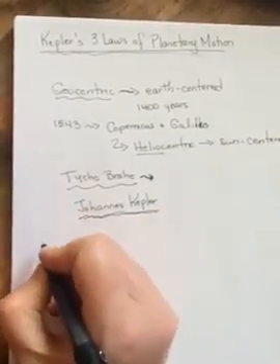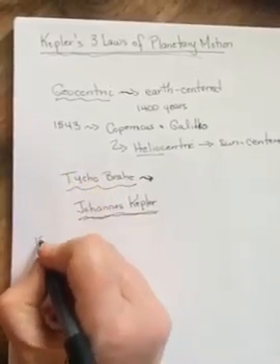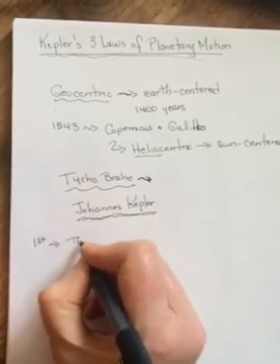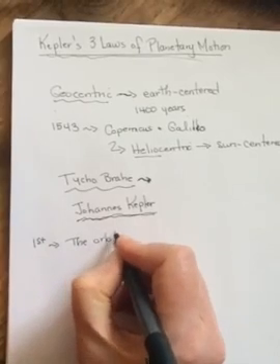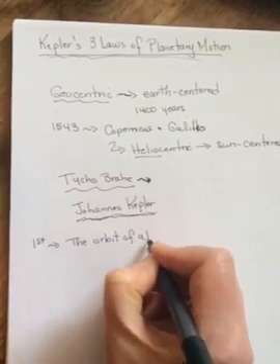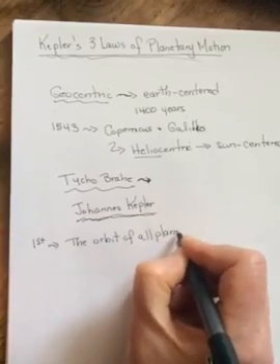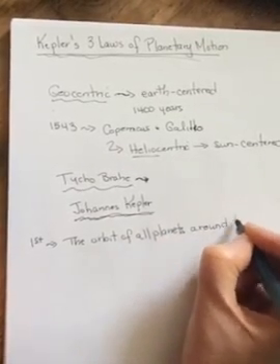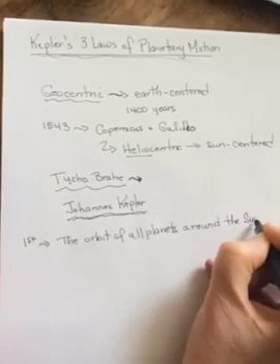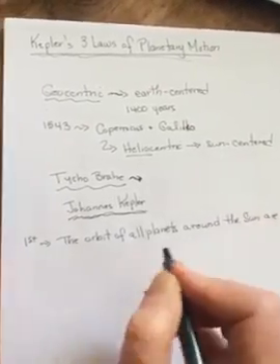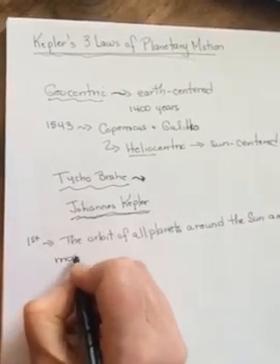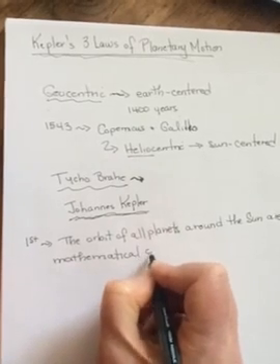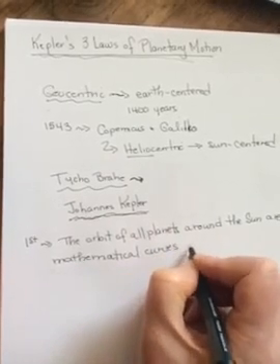All right, so now Kepler's three laws of planetary motion. The first law is actually pretty straightforward, and it's simply that the orbit of all planets around the sun are mathematical curves called ellipses.